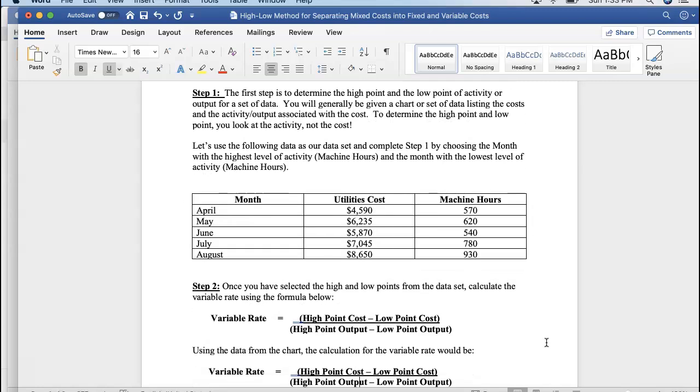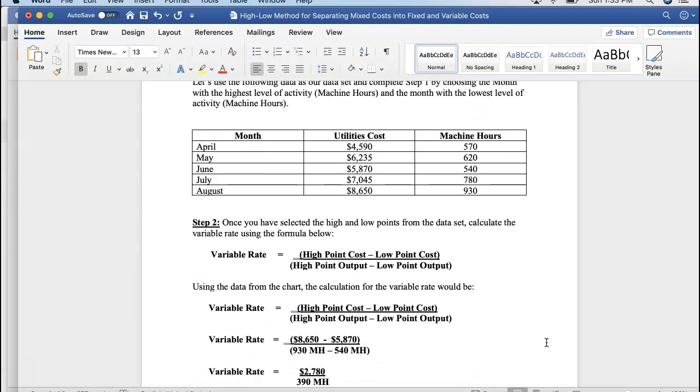Then we look at step 2. It says once that you've selected high-low, then we're going to calculate the variable rate. And so here's the formula that we'll use for the variable rate. The variable rate equals the high point cost minus the low point cost divided by the high point output minus the low point output. So this is the formula, and we're going to plug the numbers into the formula and calculate the variable rate.